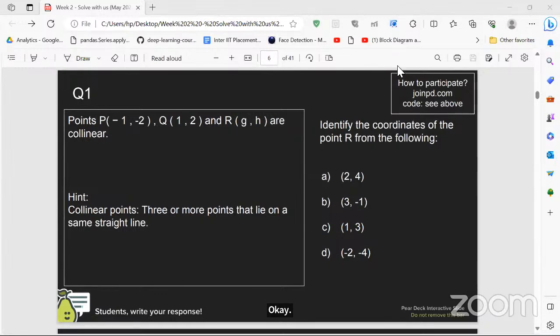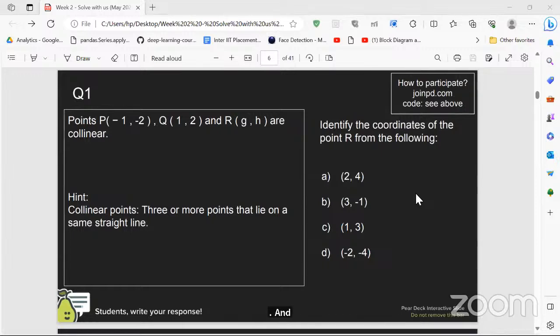No, you just have to write it in the chat box itself. There is no code for joint paper deck. You don't have to. Can you see the screen? Option A and D. Just write it in the chat box. A and D.